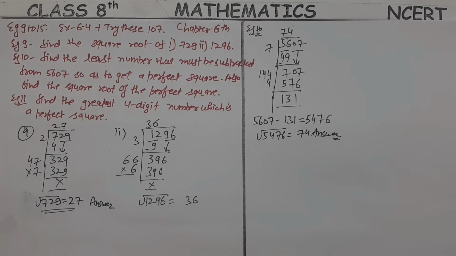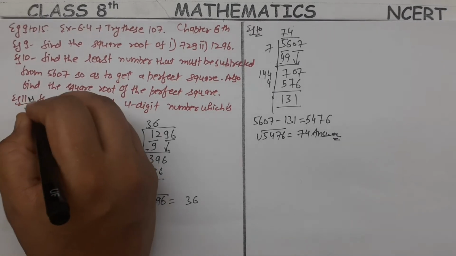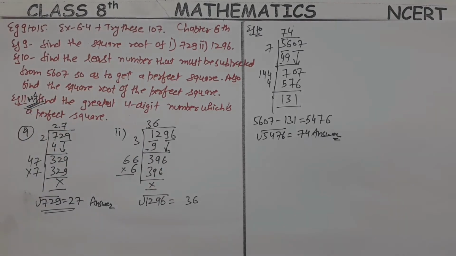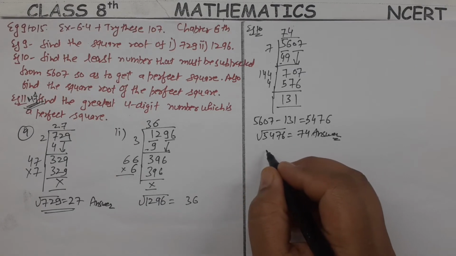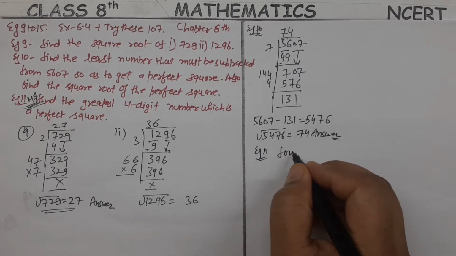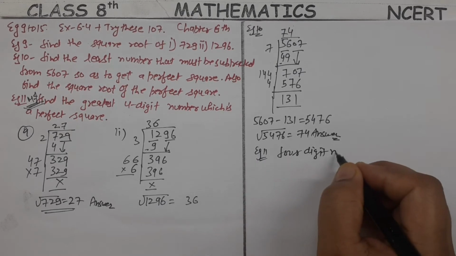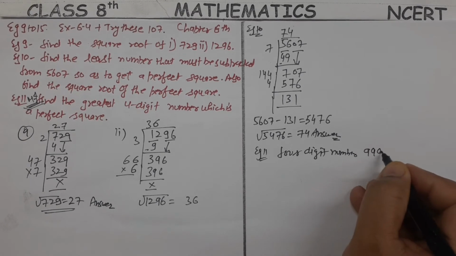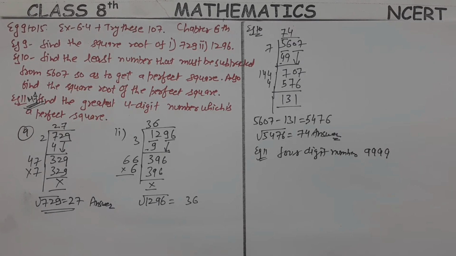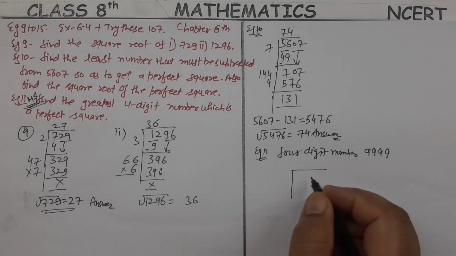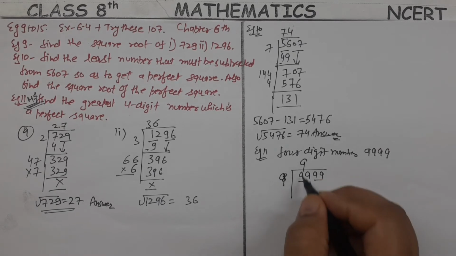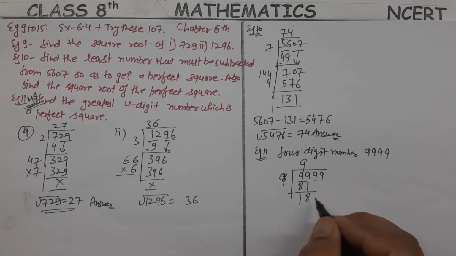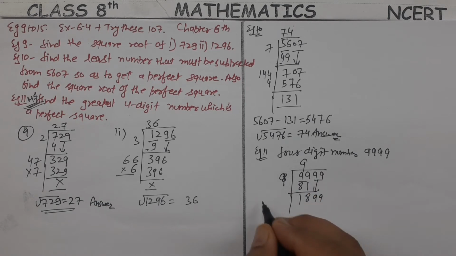Now the next is example number 11. Important, most important example. Find the greatest 4-digit number which is a perfect square. The greatest 4-digit number is 9,999. Now we will find its square root. 9 9s are 81. Pair. Double of 9 is 18.